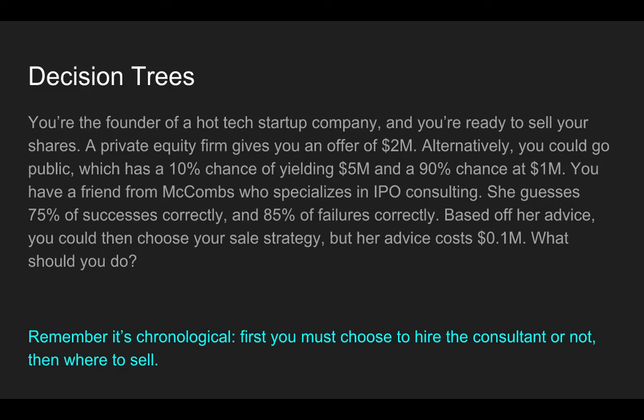This is P of F bar, this is P of F. Right? How about here? We already have this. Good job, guys. 0.1 is P of S. And this makes it P of S bar.